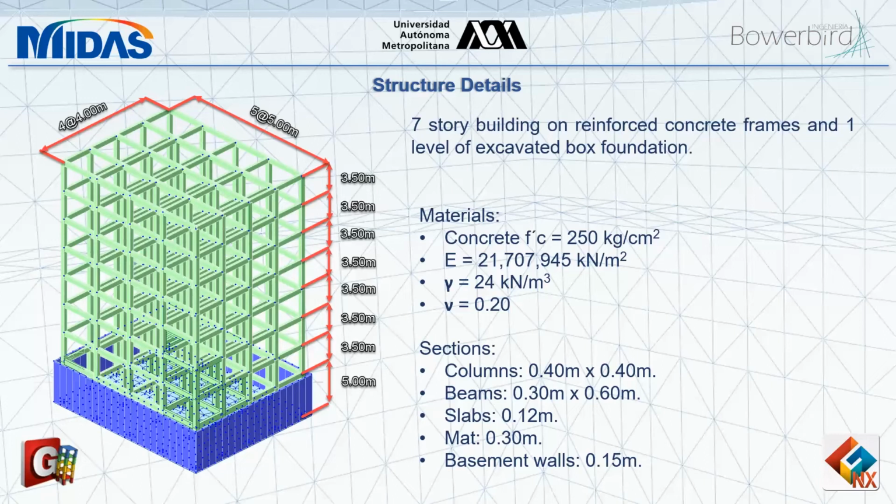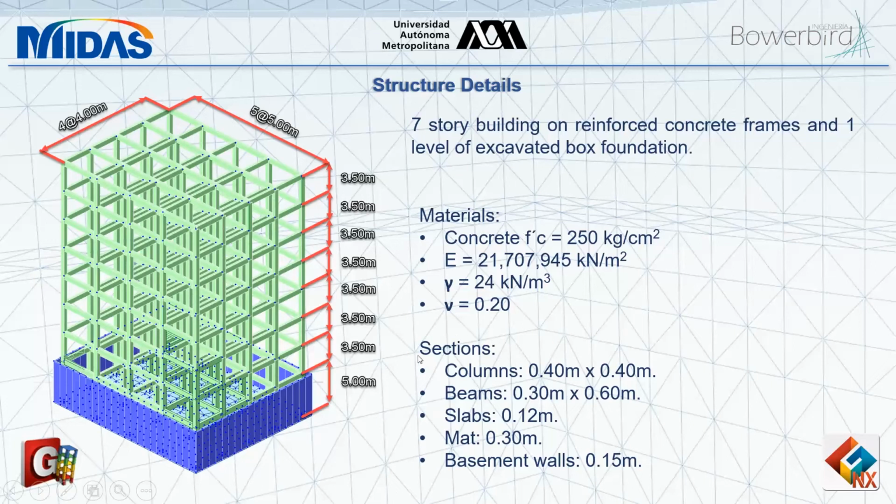A little more detail on the structure itself. This is a 7-story building of reinforced concrete with a box excavated foundation, so a 1-story foundation or 1-story basement. Here we have the materials, the values used for elastic modulus, Poisson ratio, and weight.